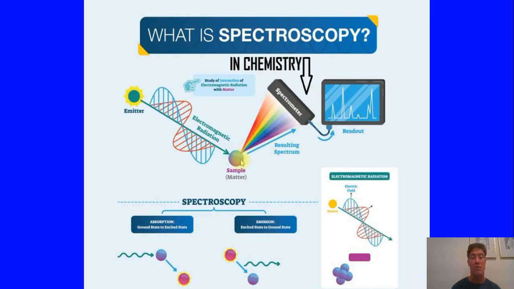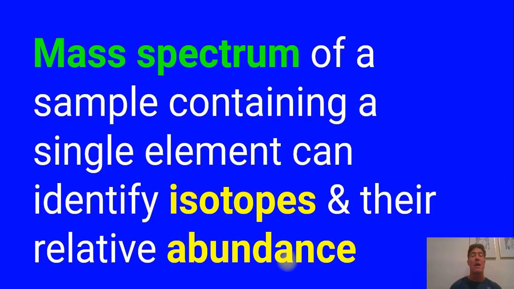which we can read on our spectrometer. So the mass spectrum of a sample containing a single element can let us identify the isotopes of that particular element and their relative abundance. Remember, an isotope is the same element, so it has the same number of protons. Remember, it's the protons that determine the identity of an element.